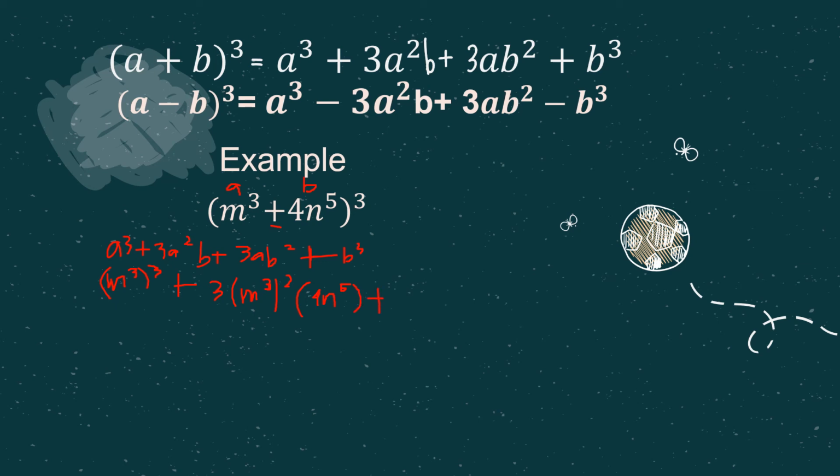Plus our A is m cube again, times m cube, times our B, which is 4n to the fifth power, squared, plus our B cube, which is 4n to the fifth power cubed.